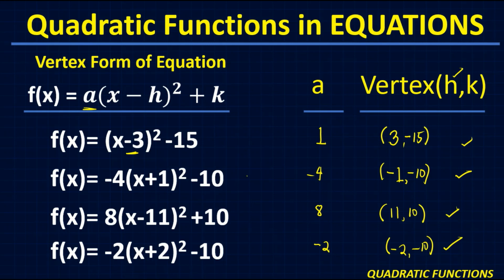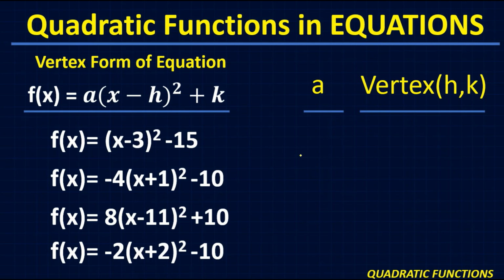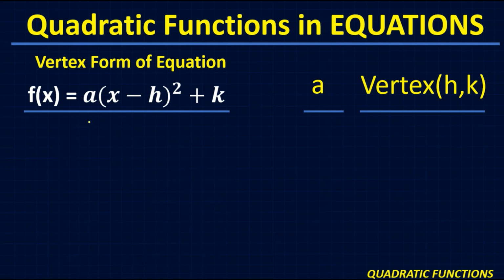So how about if we have this kind of form of equations? If we have f of x is equal to the quantity x plus 2 squared, how can we determine the value of a and the vertex point of the function?